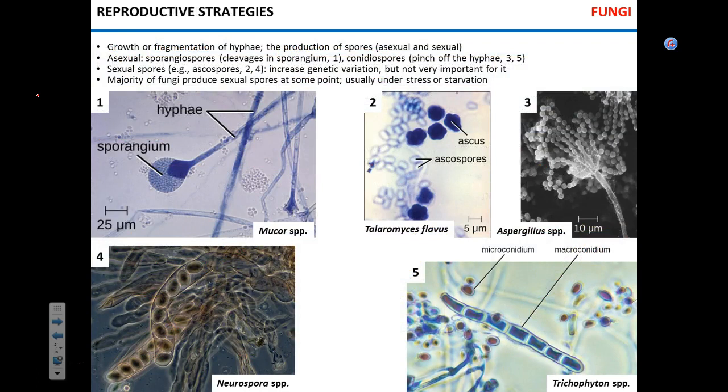Now, I want to say a couple of words about reproductive strategies, and then we're going to wrap it up. So, how can fungi reproduce? Well, I mentioned that they can reproduce by hyphae fragmentation. So they grow, a part of the hyphae falls off, travels to another site, and gives rise to a new mycelium.